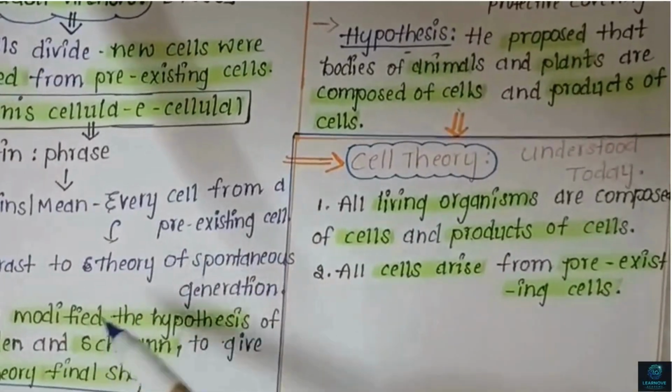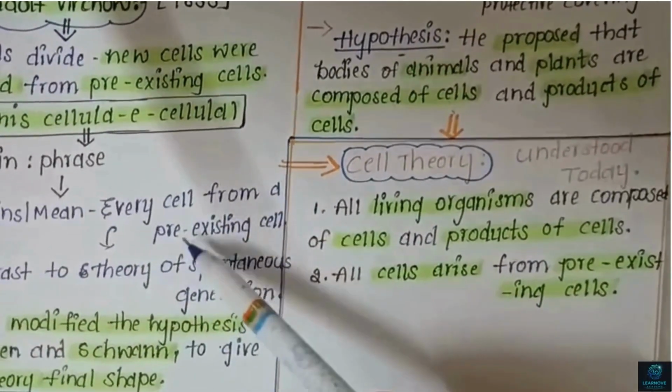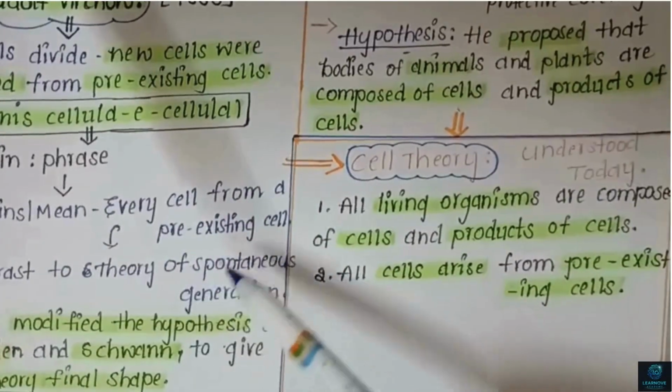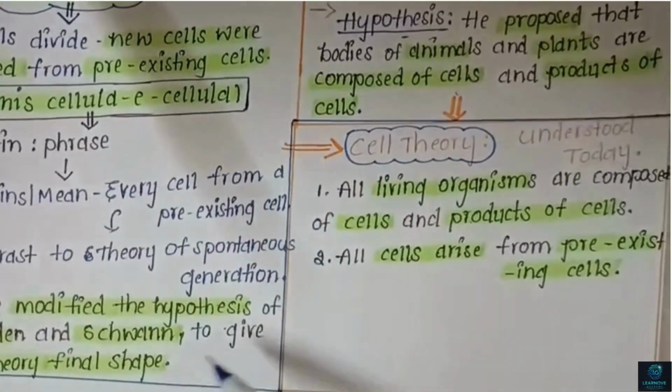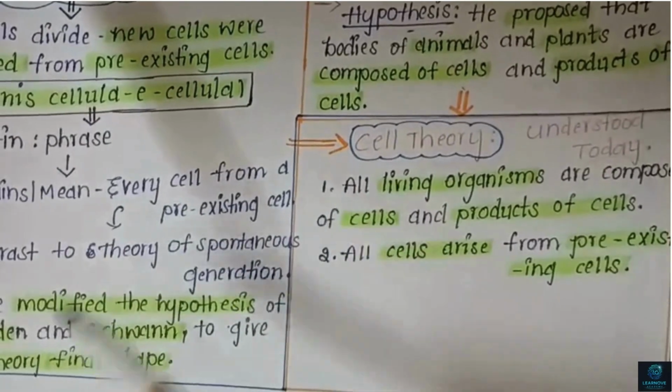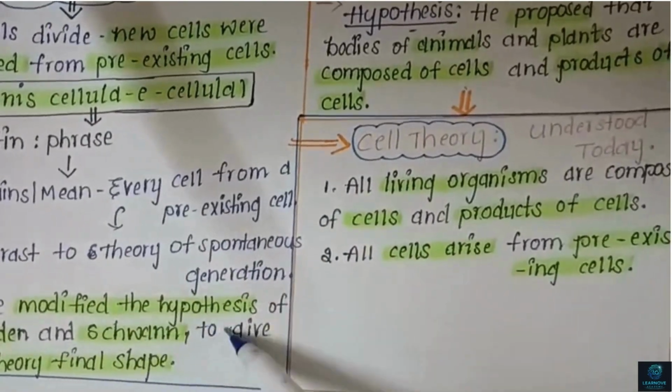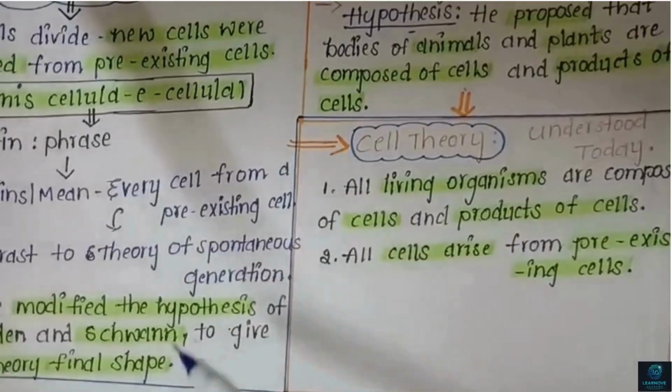But he modified this and explained that every cell comes from a pre-existing cell. He modified the hypothesis of Schleiden and Schwann and gave cell theory its final shape.